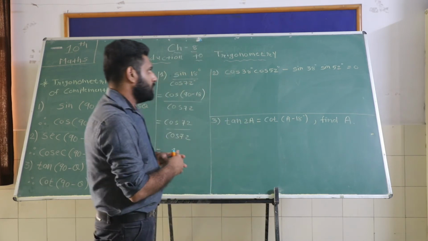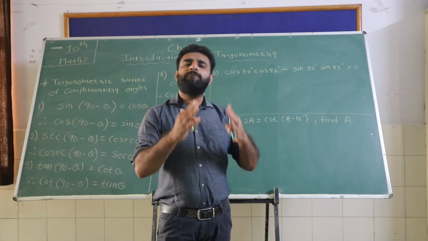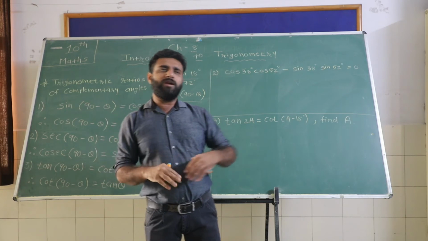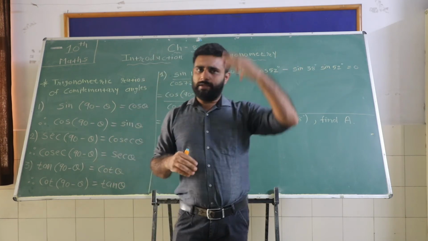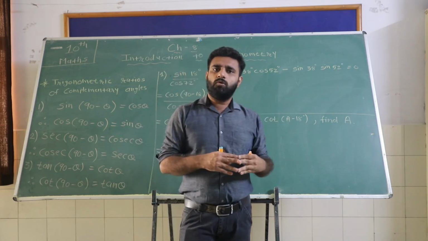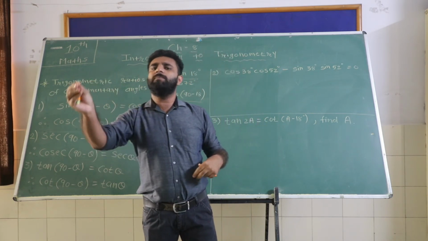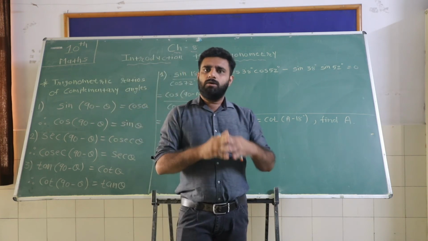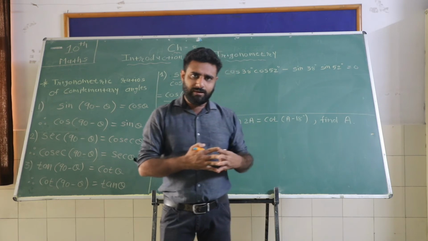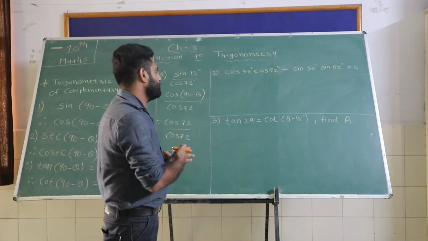Sometimes you will have 5 values, and if you have an odd number of values, one known value will be given, for example tan 30, that is 1 by root 3 from the table. So it will again be an even number. Always convert half of the values.